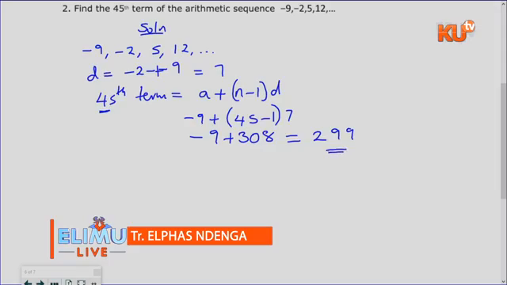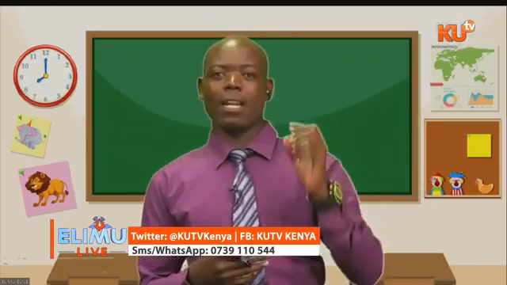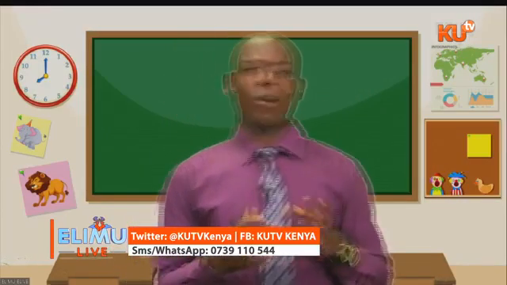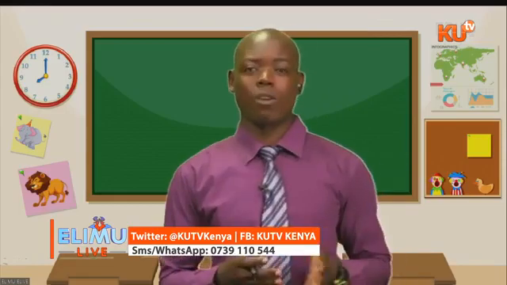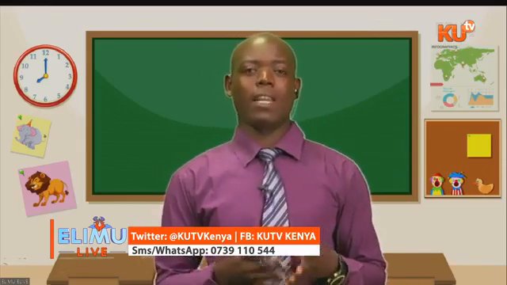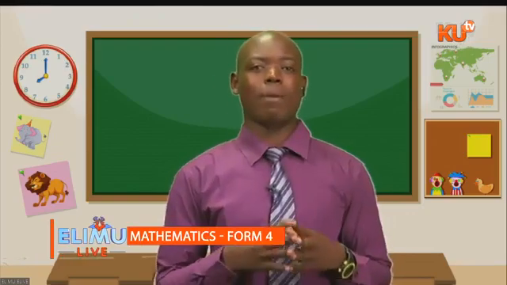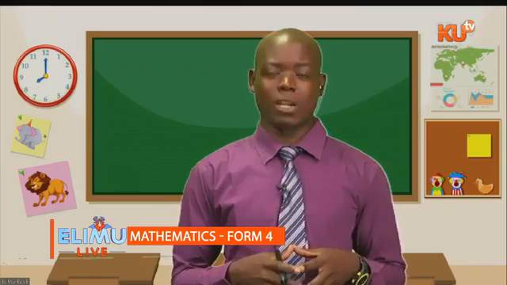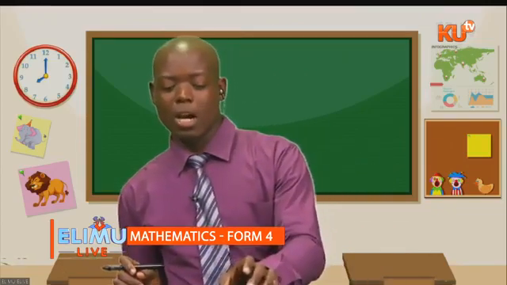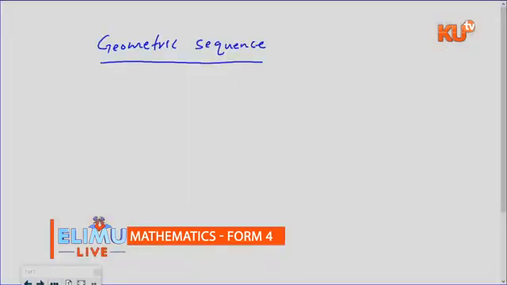Because we are going to find there are some cases where the arithmetic sequence rule cannot apply. If that happens, then the only alternative method will be the application of the geometric sequence. So let's look at what is in this case.